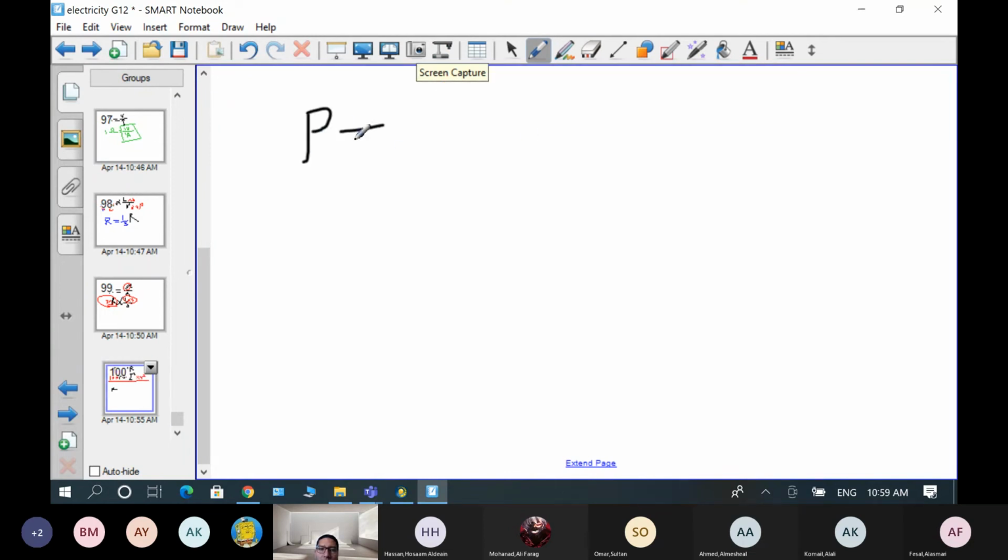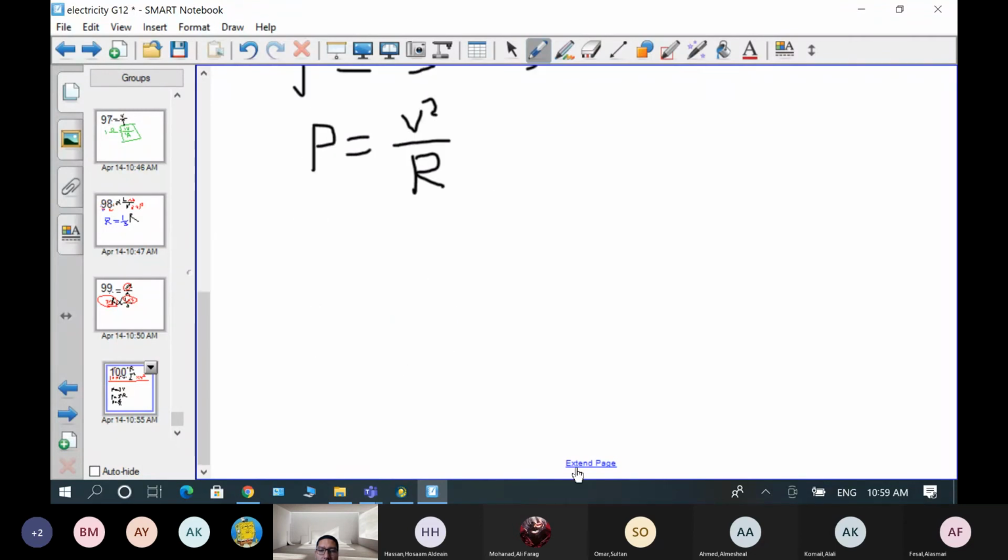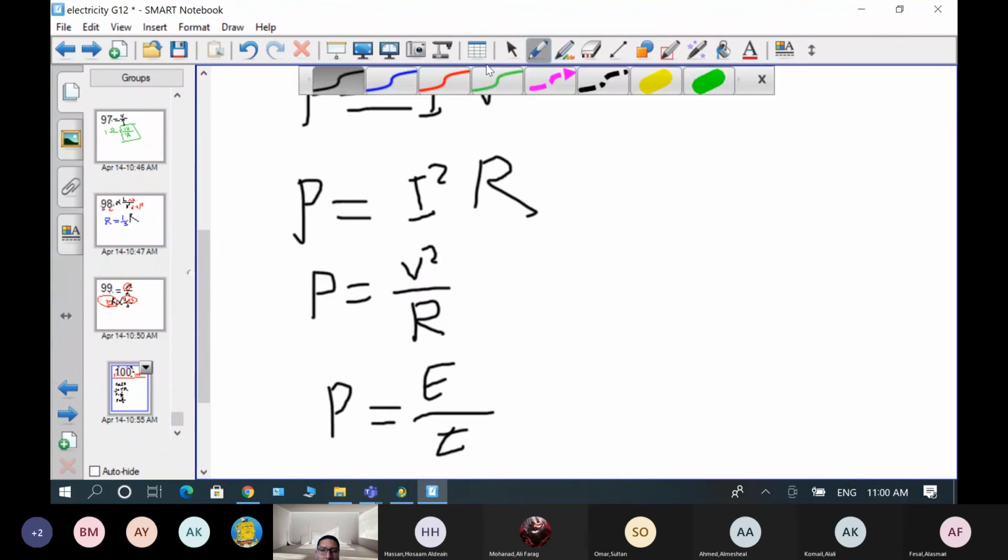Power equals IV. Power equals I squared R. Power equals V squared divided by R. And power equals E, the energy consumed or dissipated, divided by time. All of this is power, measured in watts.